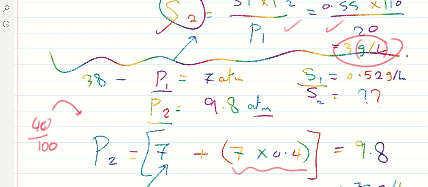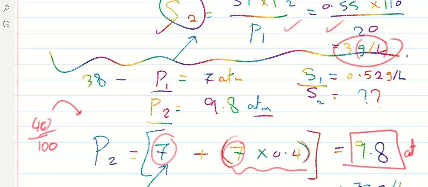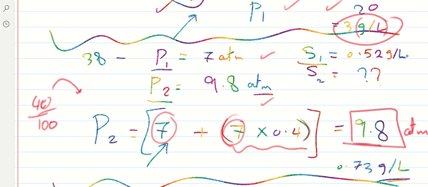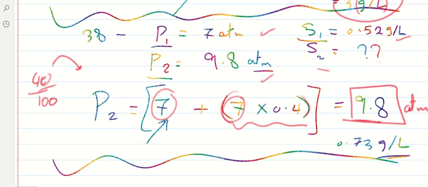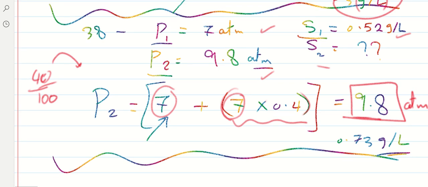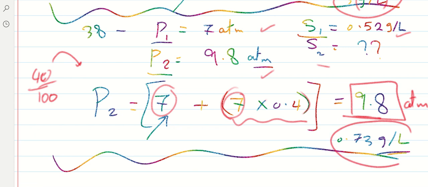So 7, the initial pressure, plus 7 multiplied by 0.4, this is between brackets, this is the pressure number 2, and of course it should be increased, so it should be a higher number. You have P1, you have P2, you have S1, S2 is unknown, just a simple rearrangement of the formula, and the result will be 0.73 gram per liter.